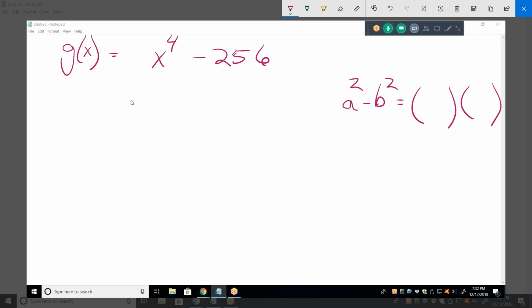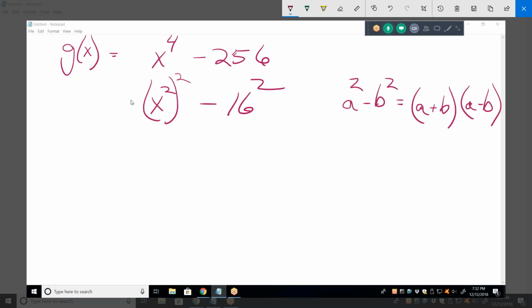It would factor a plus b and then a minus b. So what we have up here is the same as this. Correct?